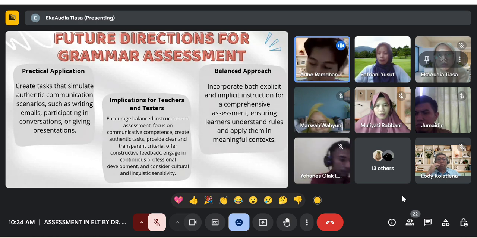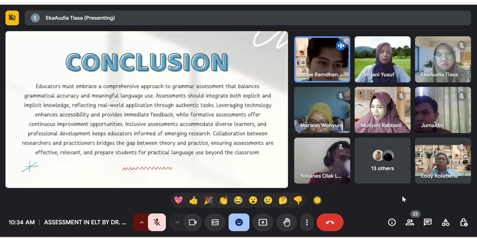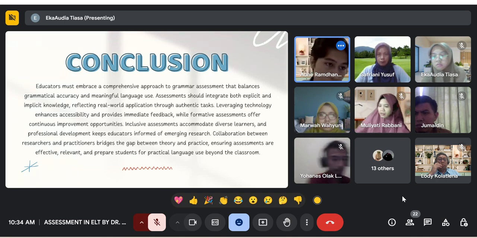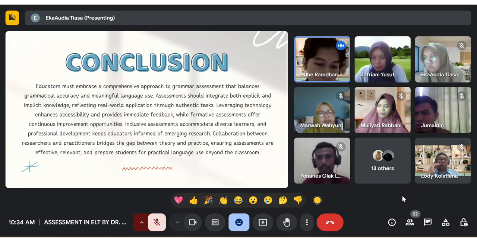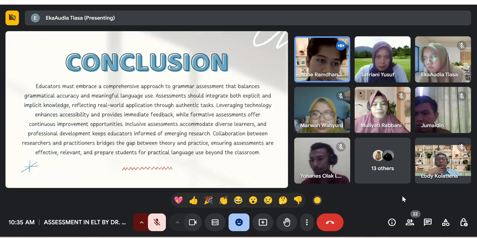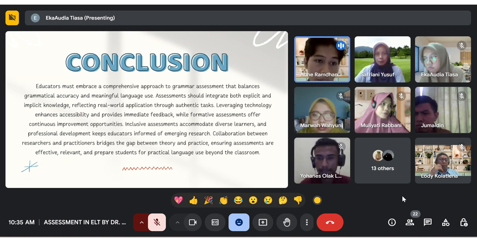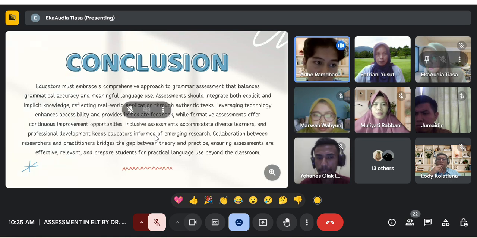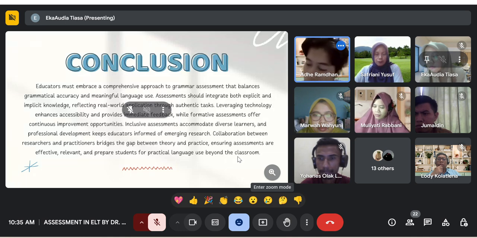We move to the last slide, which will be the conclusion of our topic today. So, by seeing all of the topics before, we can say that educators must embrace a comprehensive approach to grammar assessment that balances grammatical accuracy and meaningful language use.